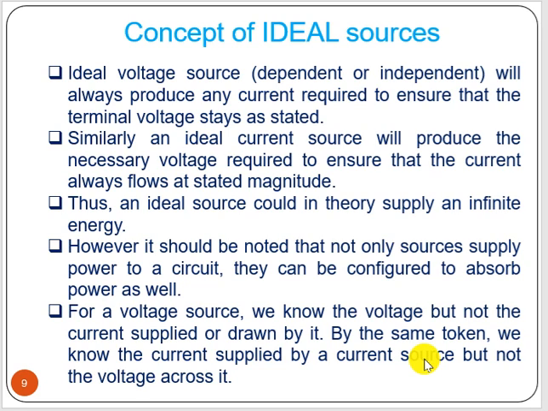And by the same token, we know the current supplied by a current source, but we do not know the voltage drop across it. So this is the basic point that you have to remember. And we will see in nodal and mesh analysis how this works. So that is why we have to use different techniques, nodal analysis and mesh analysis, to analyze the circuit.